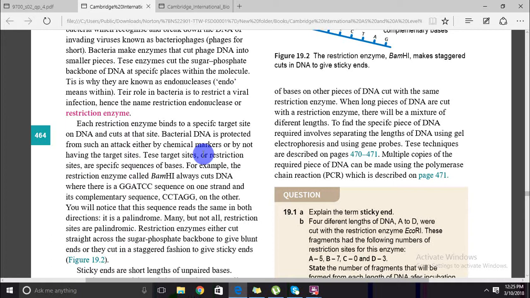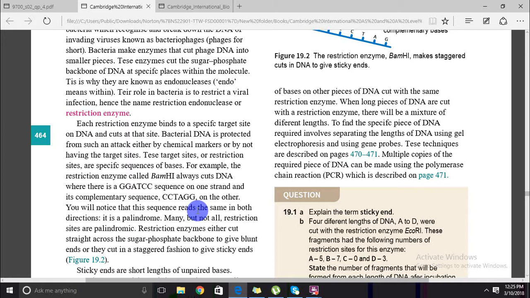It may have many such restriction sites on the same organism, but the restriction site would be the same, right? This is actually pretty interesting, and you will notice that this sequence reads the same in both directions, and in this scenario it is a palindrome, but not all restriction sites are palindromic. This is also important.